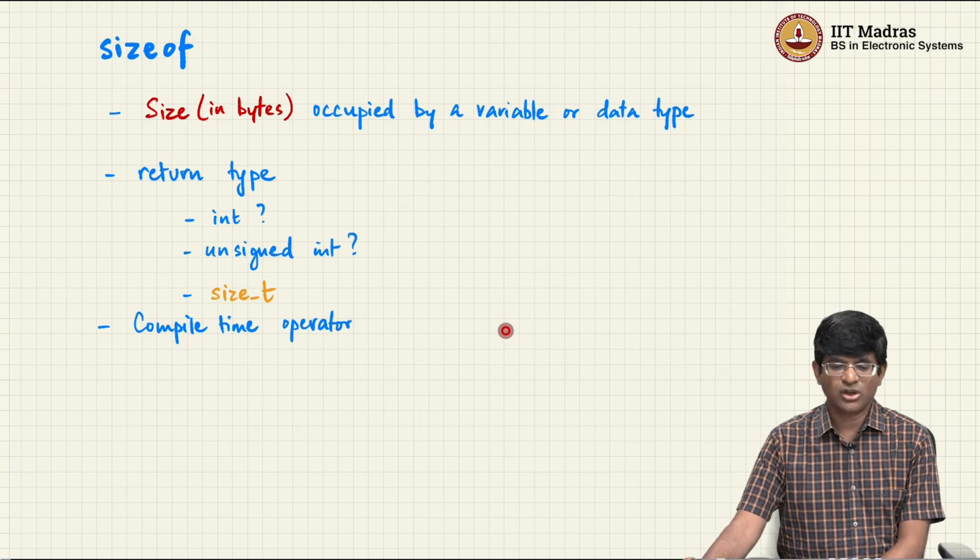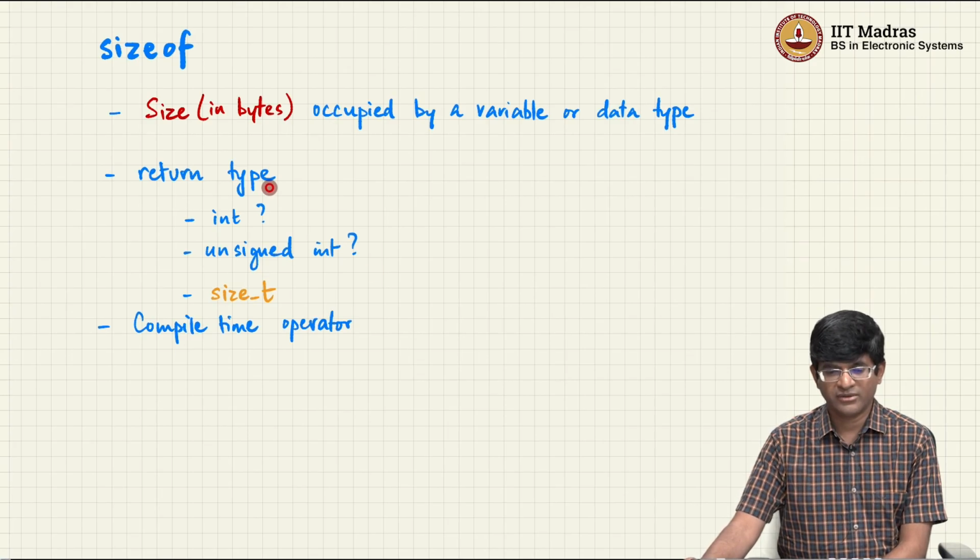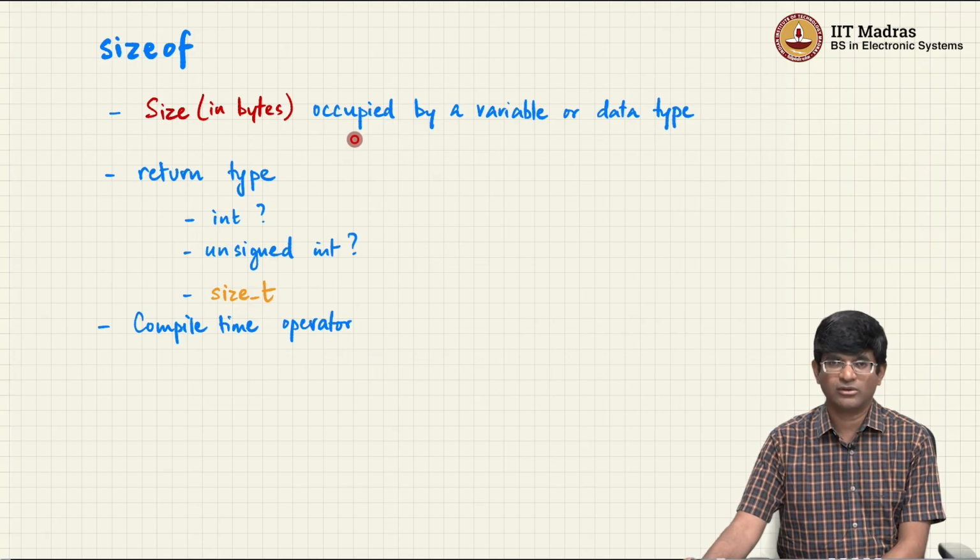Finally, there is also something called the Sizeof operator, which we will actually see a lot more of later. The main reason why Sizeof is useful is that it allows us to understand a little bit more about how much memory a particular variable or data type or even a data structure occupies.